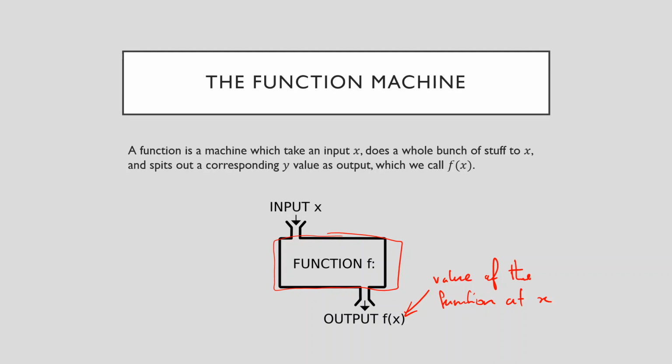So think of it like that. We'll see this again in another video when we talk about the inverse. We'll return to this analogy. But that's how you want to think about a function. It's a machine. You give it an input, some kind of x value. It does a whole bunch of stuff to this x value, and then it spits out a y value for you to use to maybe draw a graph if you like.